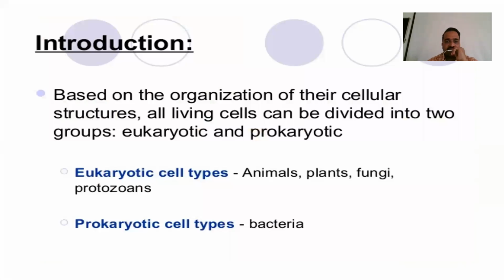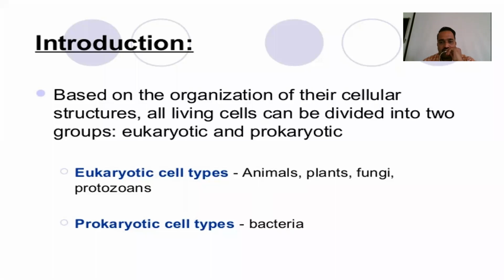Now, coming to the next step. What are prokaryotic and eukaryotic cells? Based on the organization of the cellular structures, the cells are divided into two groups, eukaryotic cells and prokaryotic cells.